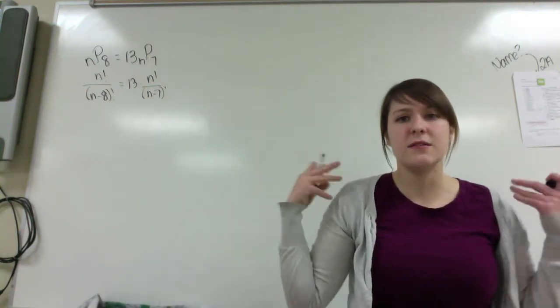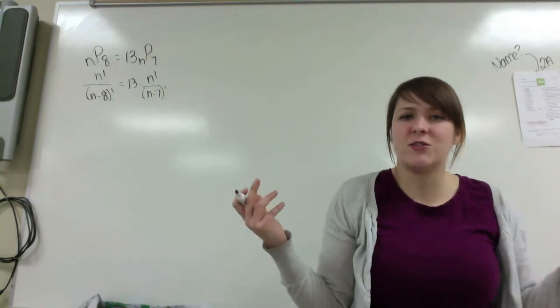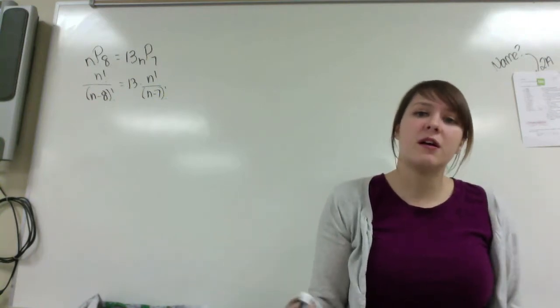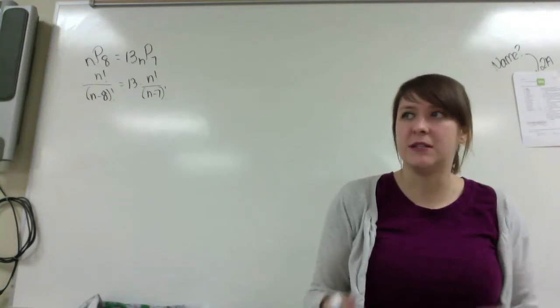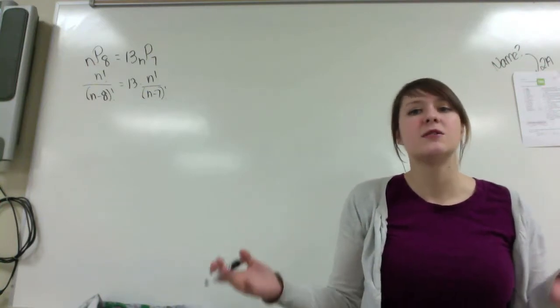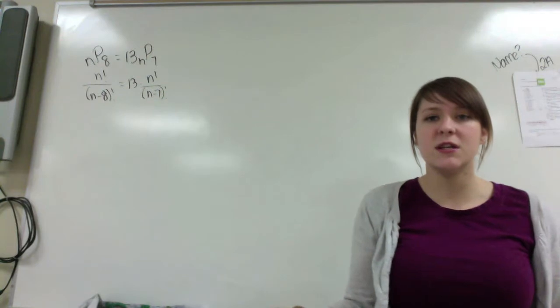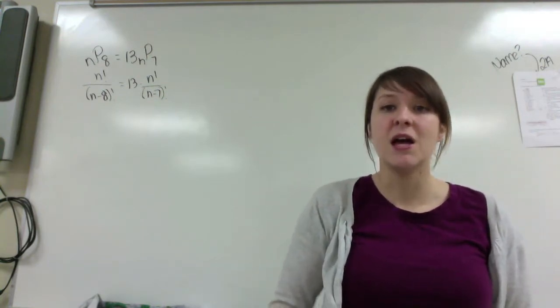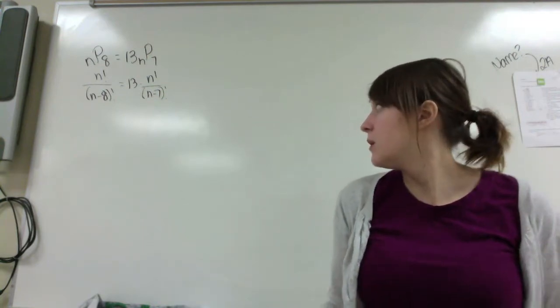Okay, so now I need to think back to what a factorial actually means. I know that 9 factorial, for example, is 9 times 8 times 7 times 6. So what I'm actually doing is reducing each of the values that I'm multiplying by 1 each time.